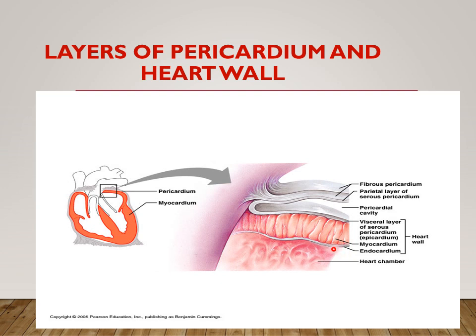Beneath that endocardium is a thin layer of connective tissue, and then the middle coat starts. This middle coat is mainly composed of muscular tissue, and this makes up the myocardium of the heart.